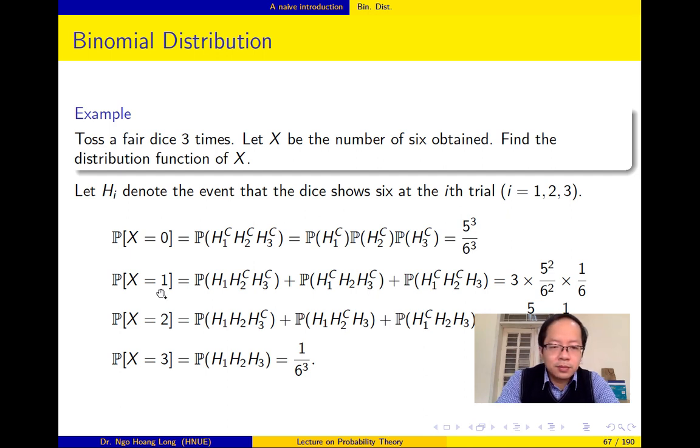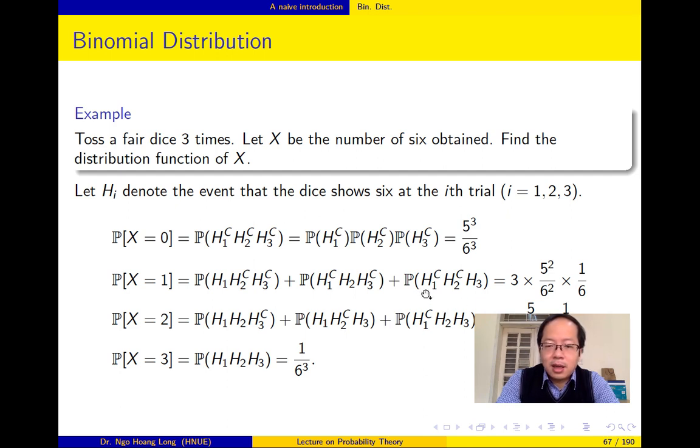Okay. Now look at the case X equals 1. X equals 1 means that in the 3 times we toss the die, there is only 1 time that we get a 6. So there are 3 different cases. In the first case, we get 6 the first time, and the second and the third time we don't. Similarly, in the next case, we have a 6 only at the second time.